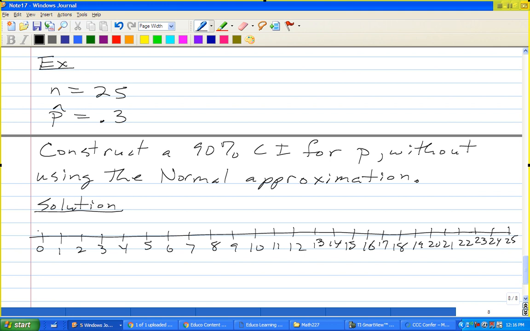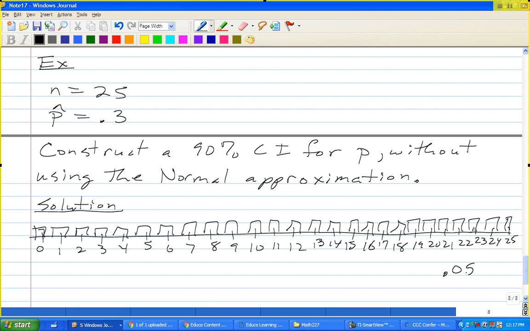Okay, so I have a whole bunch of these probabilities. And I want that if you add each of these tails up, it's 90%, so these have to be less than 5% when I add them up.